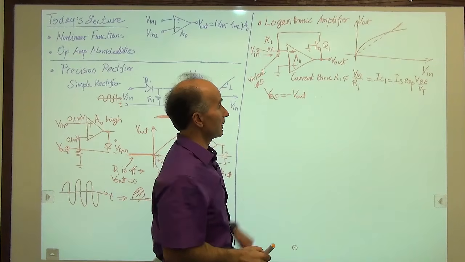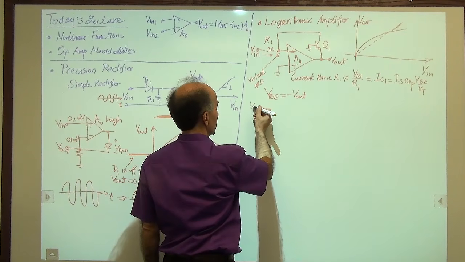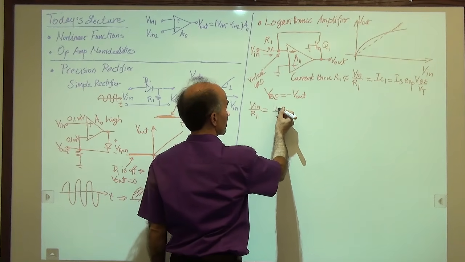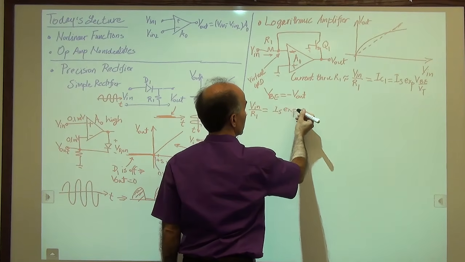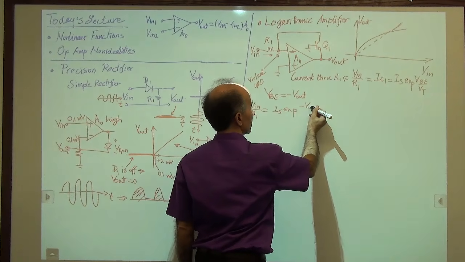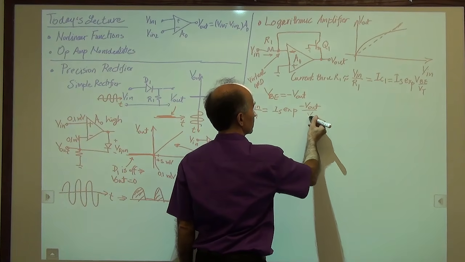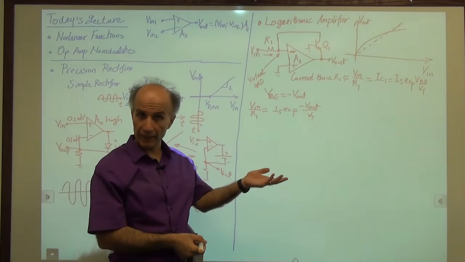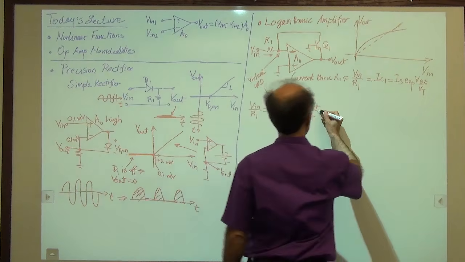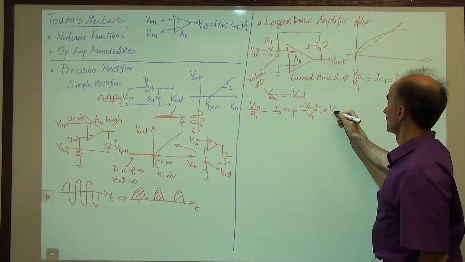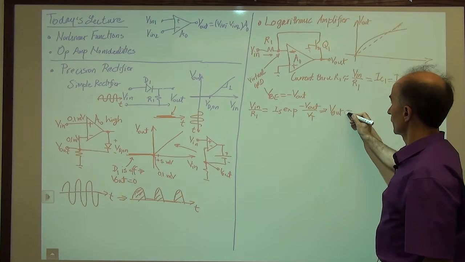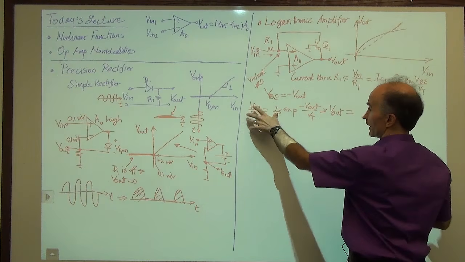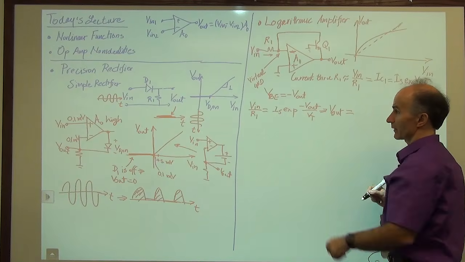Okay, so now we combine these results and see what we get. We have Vin over R1 is equal to IS exponential of minus Vout over VT. And now we can find Vout in terms of Vin. So we see that Vout is equal to I divide by IS, take log of both sides, multiply by VT, multiply by minus 1.